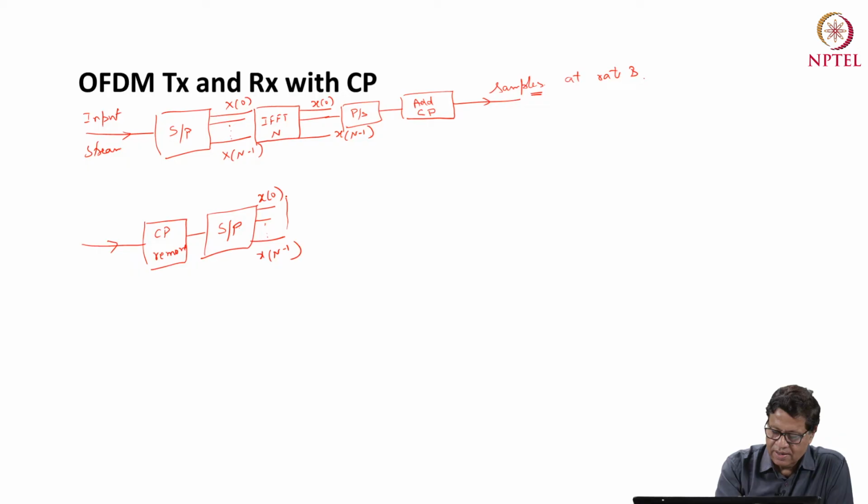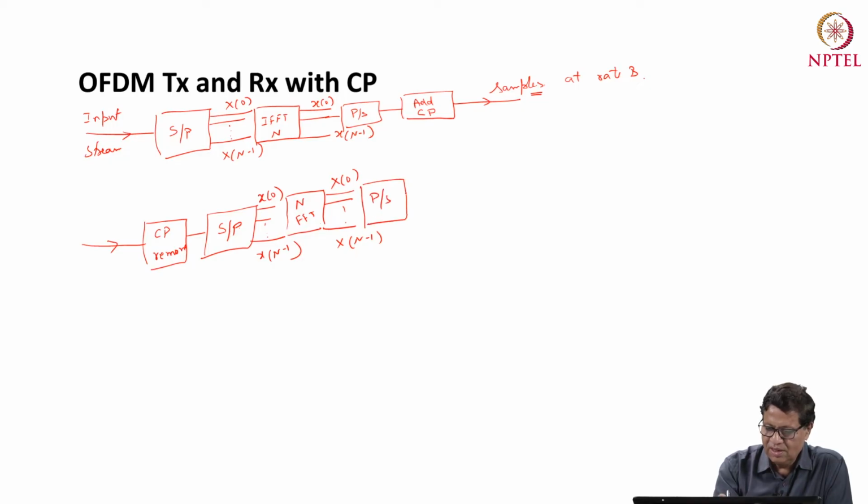Then you do the N point FFT operation to get the data symbols out, because the coefficients of the FFT operation are nothing but the data symbols, up to xN minus 1. And then you do parallel to serial to get the output stream. So this becomes a complete OFDM diagram.